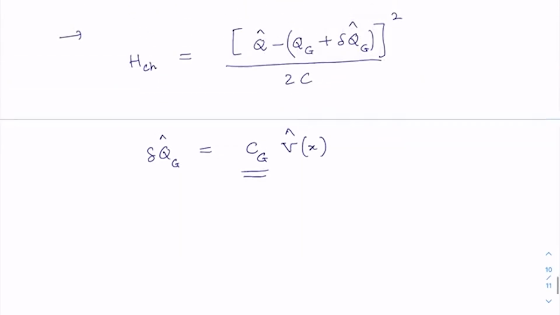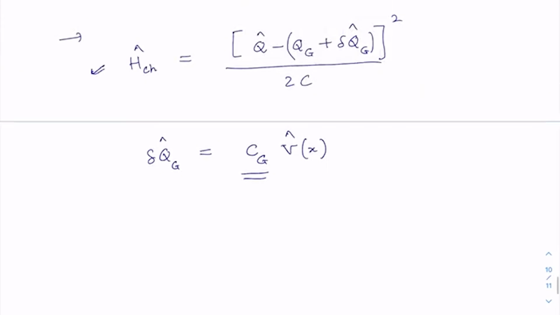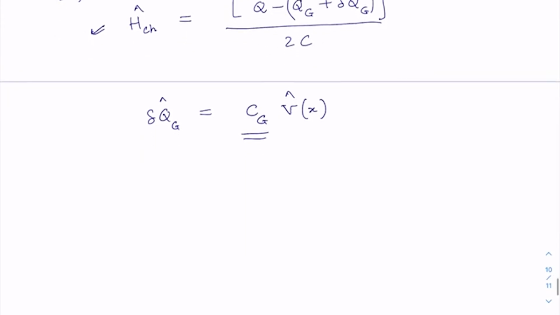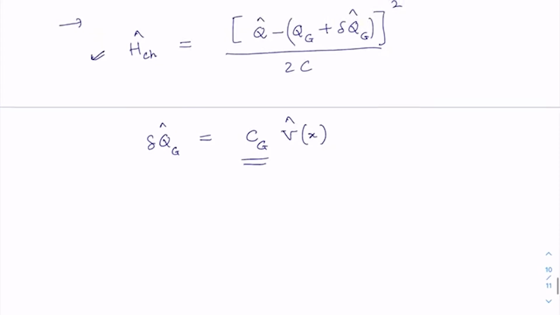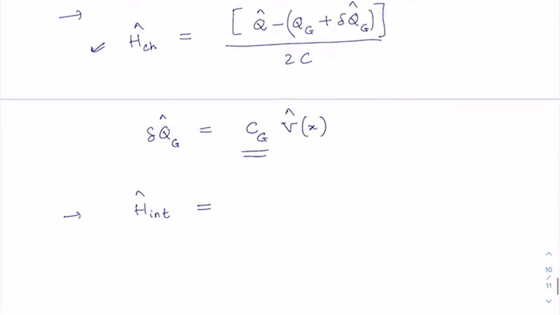Now expanding this Hamiltonian, just taking only the cross terms, because cross terms are only responsible for interaction. So if we take only the cross term, it is easy to see that I can write my interaction Hamiltonian in this form. If you expand it, you will get a term like this: 1 by c, q minus qz into delta qz.